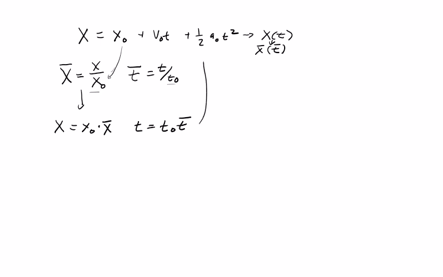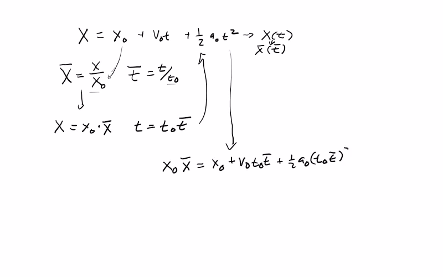And what I'm going to do is plug that into the equation up here. And so what we get is this: x0 x bar equals x0 plus v0 times t0 t bar plus 1/2 a0 times t0 t bar squared.